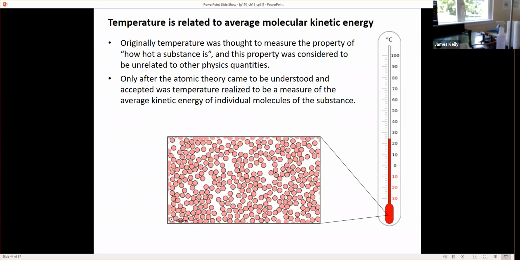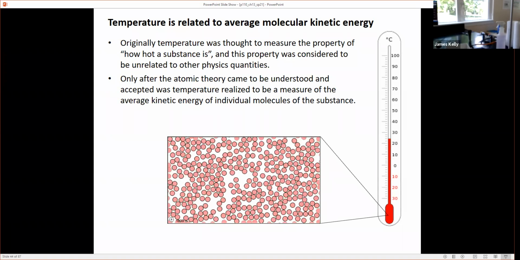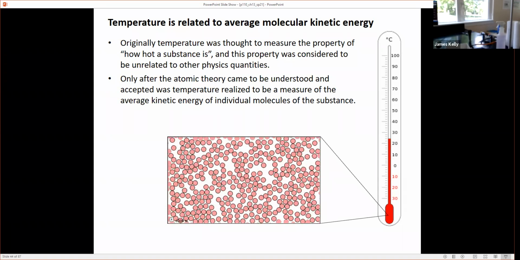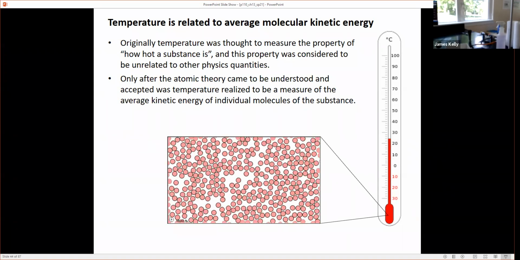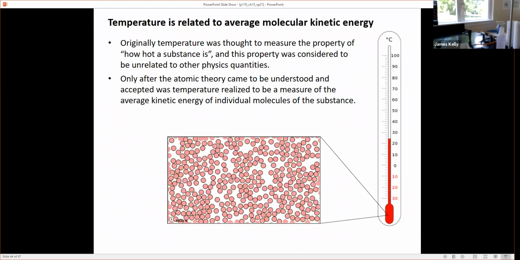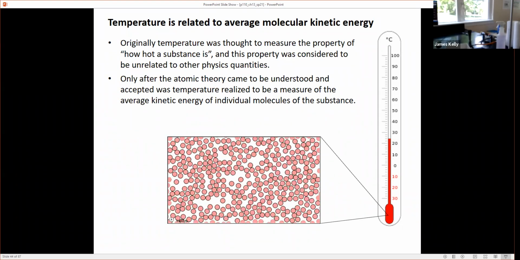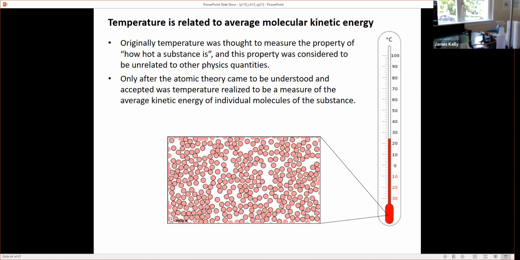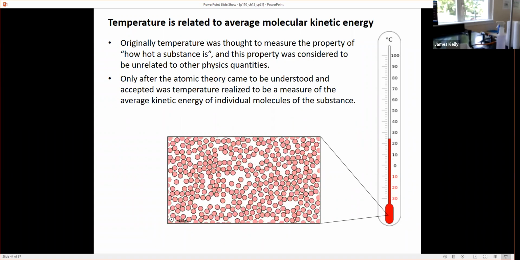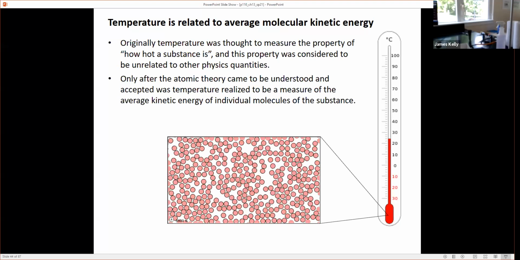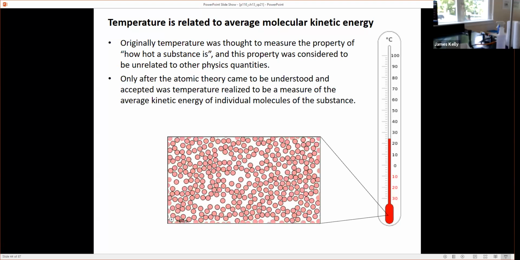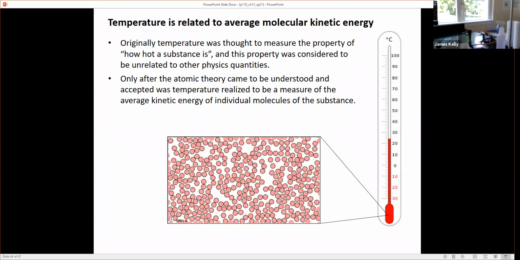The picture of temperature. So, originally people didn't know what temperature was measuring, and they didn't know what hot and cold meant. We have a picture. We think of, oh, I'm imagining what's going on at the molecular level. But back in the 19th century, the atomic theory was not well regarded, and in fact, not believed by most scientists.